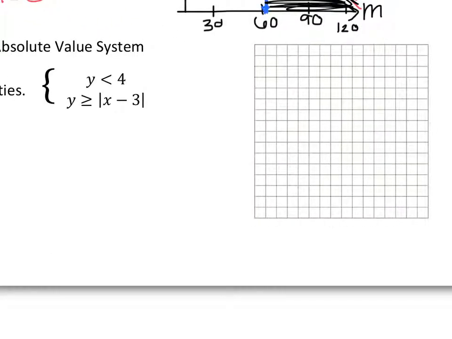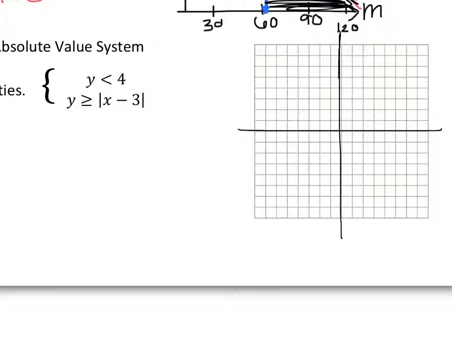Okay, so I need some axes, I guess. And then, up there we had a vertical line. Is this one going to be vertical or horizontal?